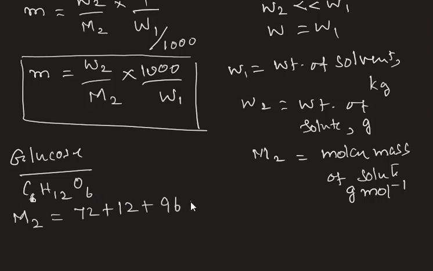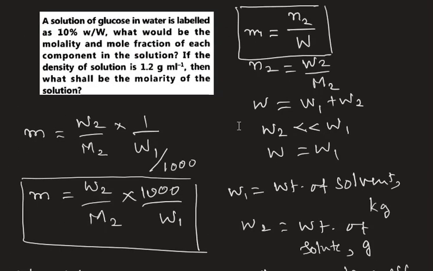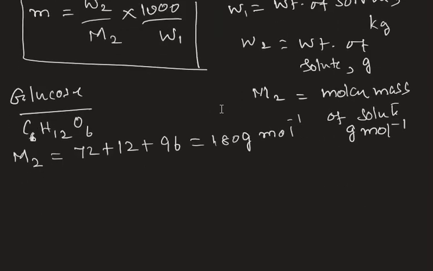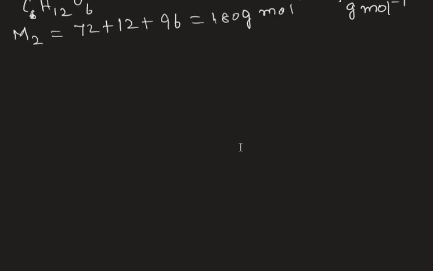So that gives 180 gram per mole. So this is the molar mass of glucose. The concentration is given in weight by weight, glucose in water. So glucose is the solute, water is the solvent. In that case, it is given as 10%.